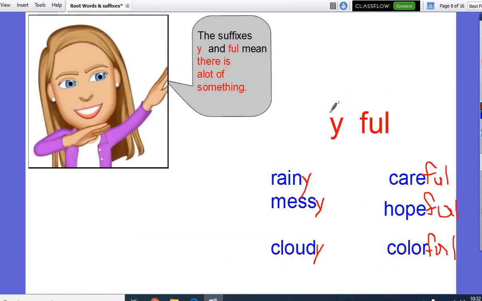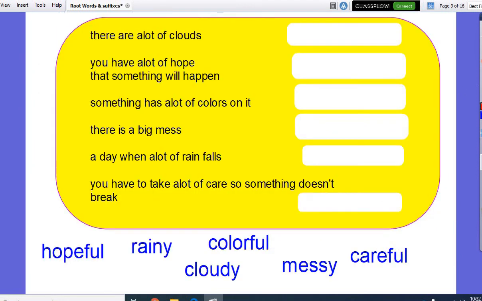And then when I put y or ful on a word, that means there's a lot of something. So anytime you were to stick the suffix y or ful, it just means there's a lot of whatever's there. And remember, each time you stick a suffix on a word, it changes not only the way that it looks, but the way that or what it means. It changes its meaning. And these suffixes all have a meaning. And it changes it.